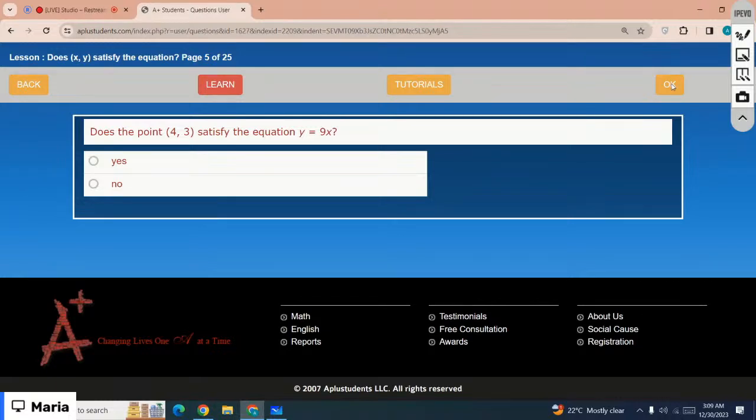And the correct option is no, this point is not the solution of the equation. Very good. The correct option is no.